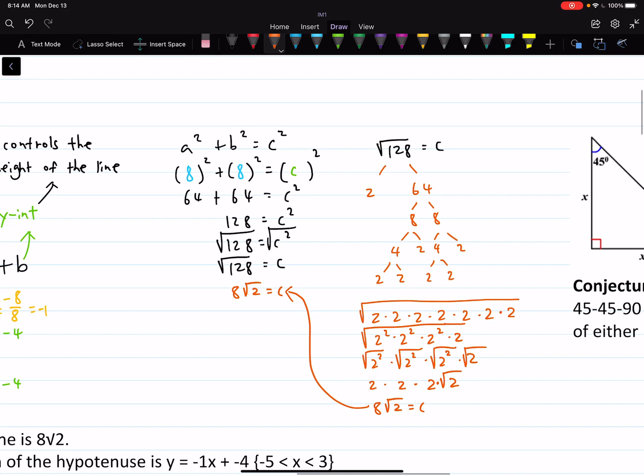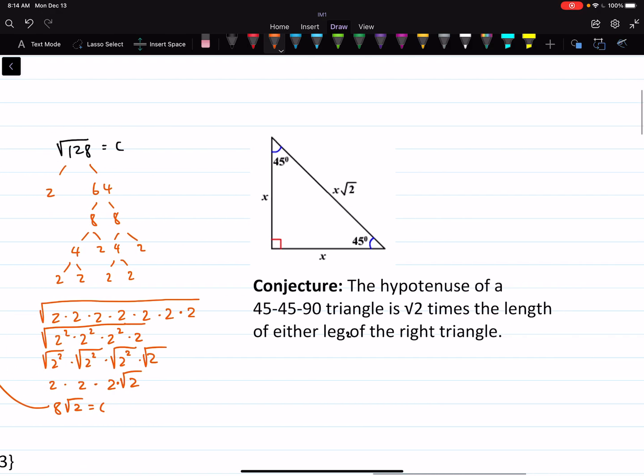But you actually didn't have to simplify it if you knew the conjecture of the 45, 45, 90 degree triangle. The 45, 45, 90 degree triangle conjecture states that if the lengths are the same, and this is in fact a 45, 45, 90 degree triangle, then the length of the hypotenuse will always be the length of the leg times square root of 2.